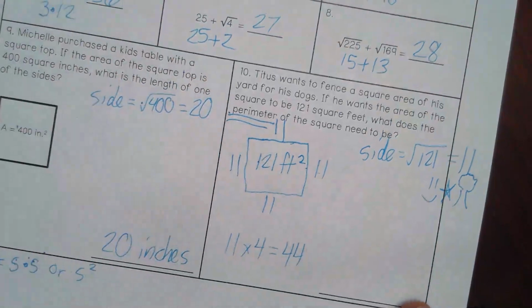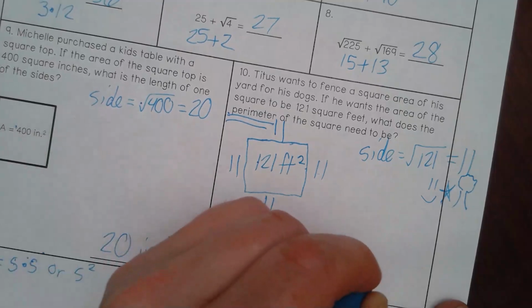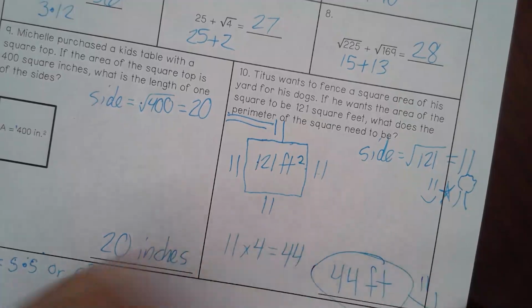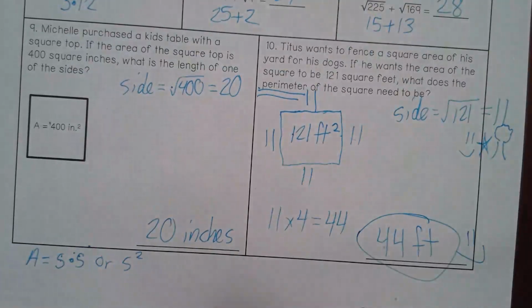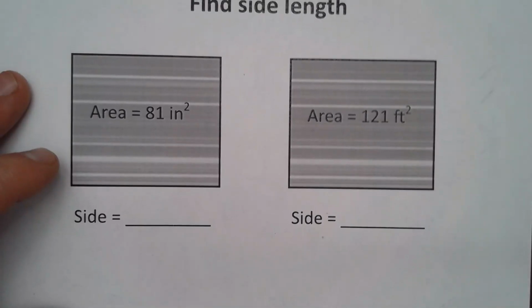The perimeter is 44 feet. Crushing it. Turn the page. Easy peasy lemon squeezy practice time.